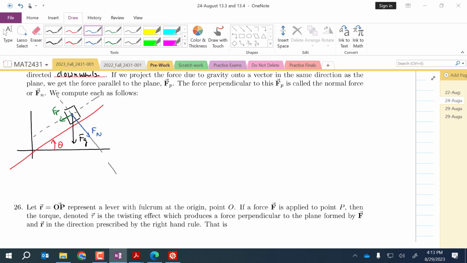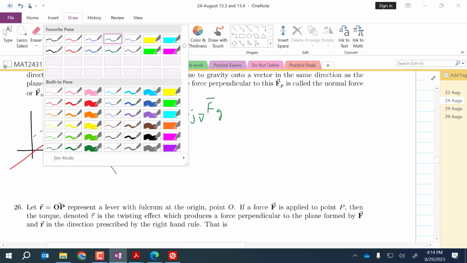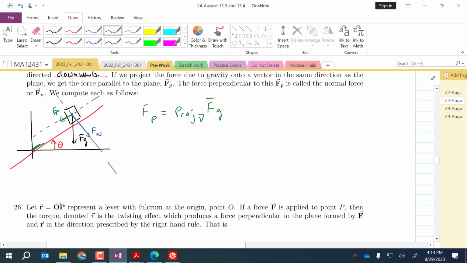And what could we do here? Let's see, what did they do? Okay. So if we want to come up with the force parallel first, let's do that. The force parallel is just going to be the projection of our force due to gravity vector onto V, where what's V going to be? V is just going to be some vector pointing in the same direction as this plane.